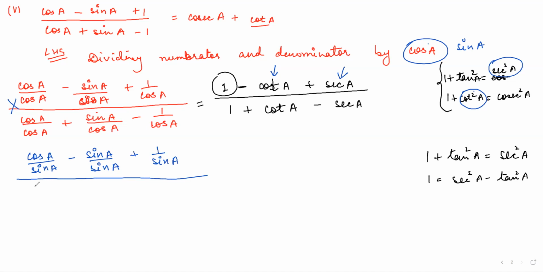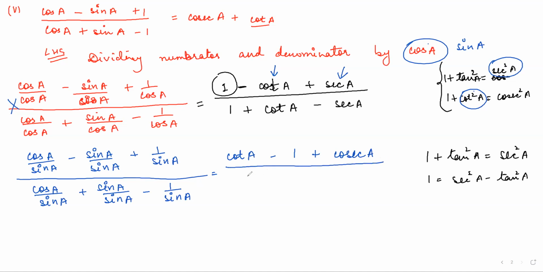And then divided by the same: cos A upon sine A plus sine A divided by sine A and minus 1 upon sine A, right? So what will I get? Now cos upon sine will become cot A, inverse of tan, right? Minus 1 and then 1 upon sine is cosec. Now divided by, again cos A by sine A is cot A plus 1 and minus cosec A. Fine, Abdullah?